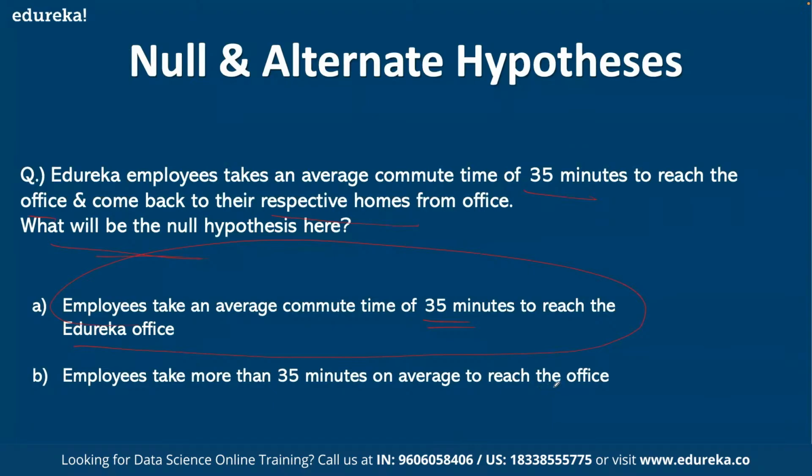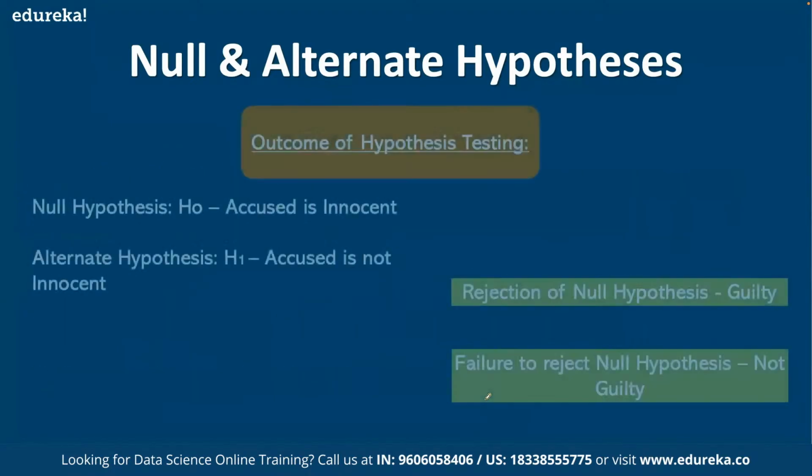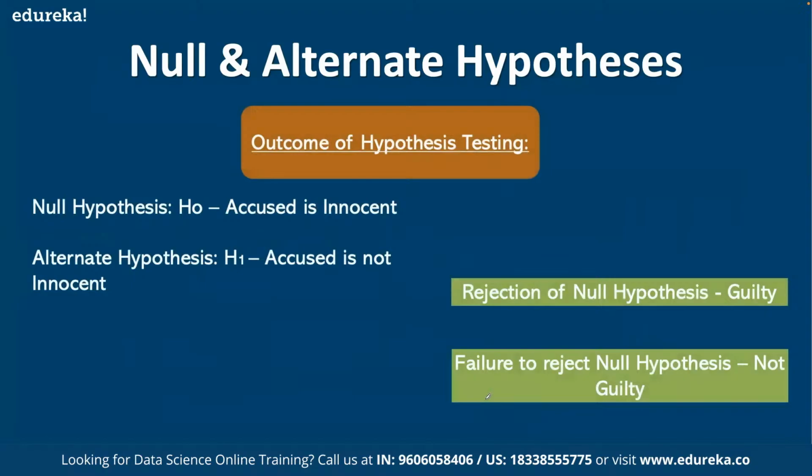And my alternate hypothesis is the logically opposite statement, which says that Edureka employees take more than 35 minutes on average to reach the office. So that is the first step: we define our null hypothesis and the alternate hypothesis. If the null hypothesis holds good, then our current belief holds good.